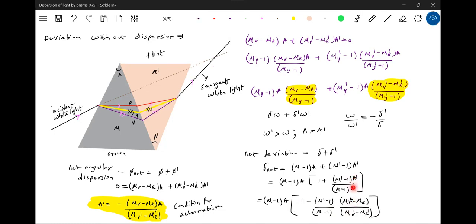A dash by A, I'm replacing from here: mu V minus mu R by mu V dash minus mu R dash. Now we will readjust these things.